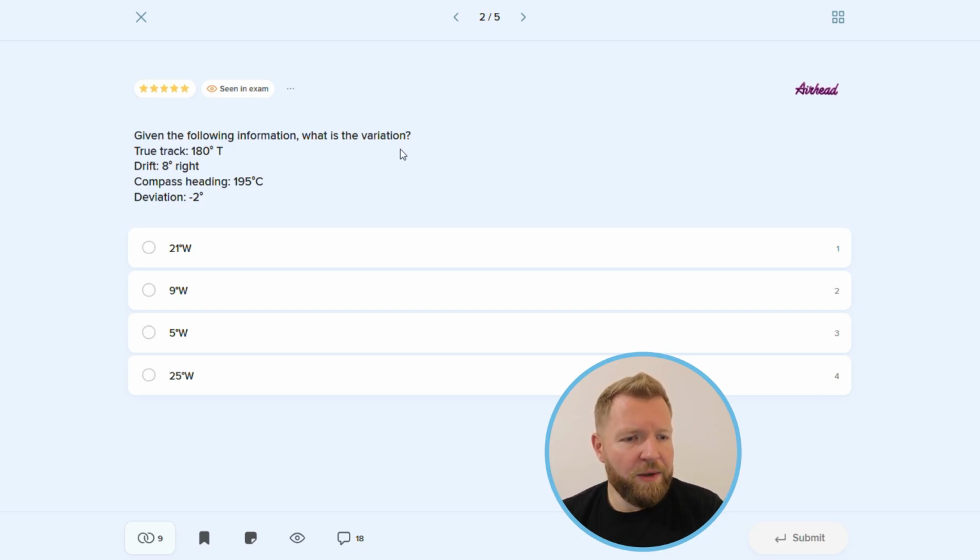Given the following information, what is the variation? True track, 180 degrees, drift, 8 degrees right, compass heading, 195 degrees, and deviation, -2 degrees. In navigation, we have 3 basic references when we talk about the north.